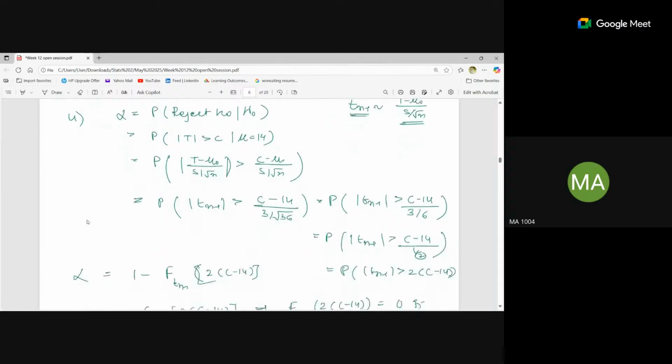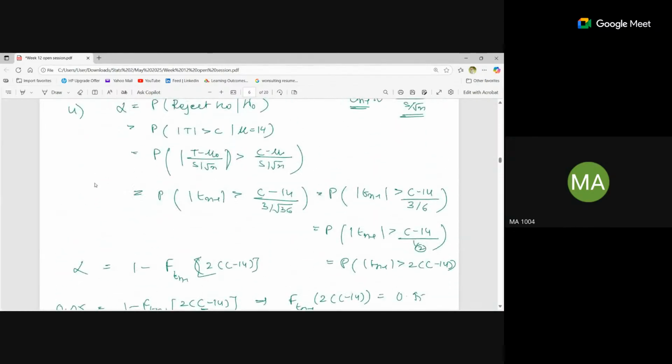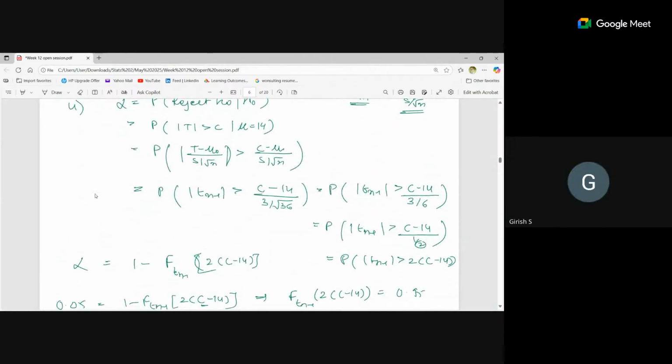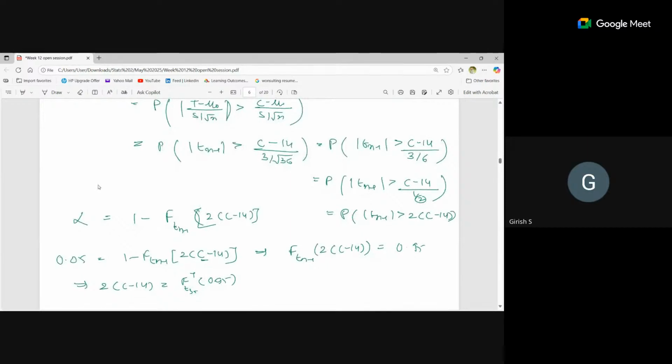0.025, some calculation is required, ma'am. Actually, there is a mod symbol, right? Correct.